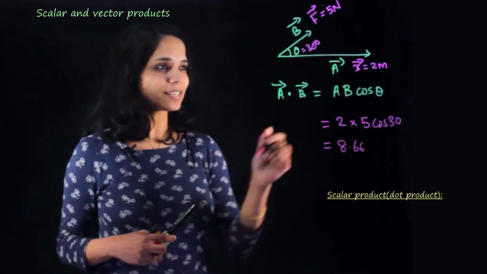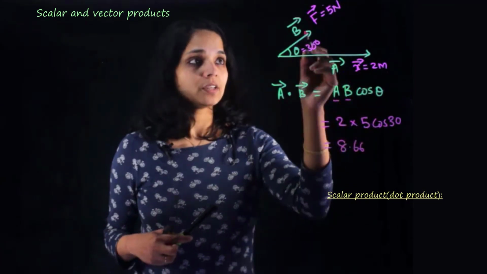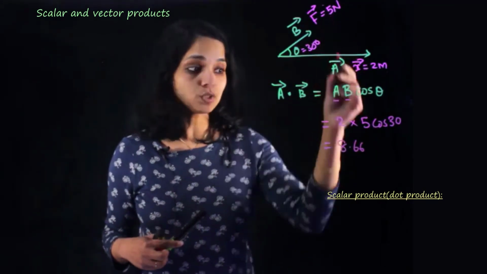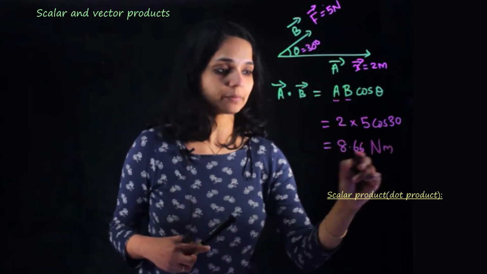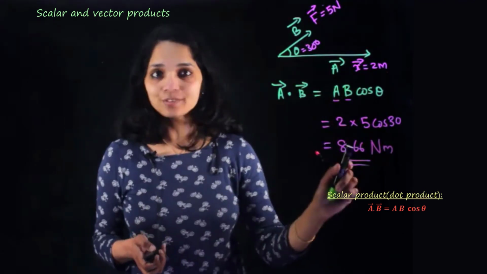So what's the unit? The unit of A times the unit of B. The unit of A is meter and the unit of B is Newton. So the unit is Newton meter. As I said earlier, this product is a scalar. It doesn't have any direction.